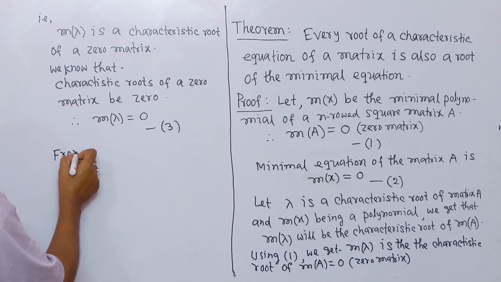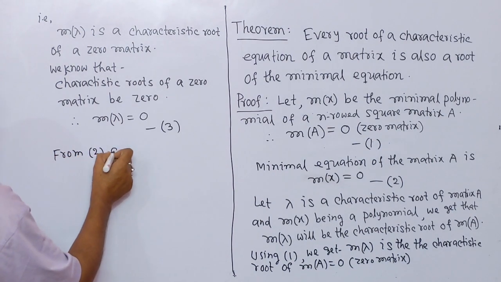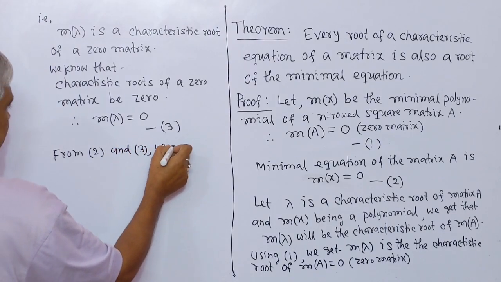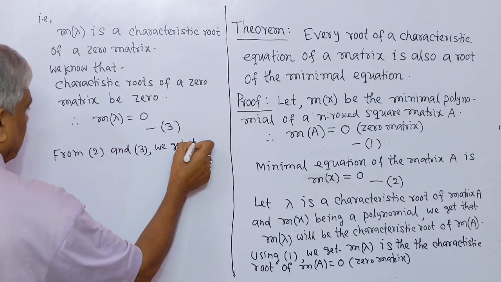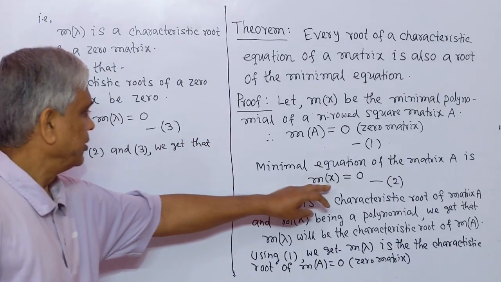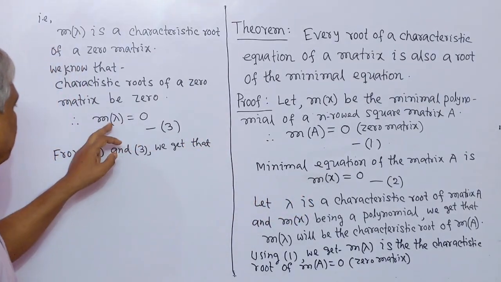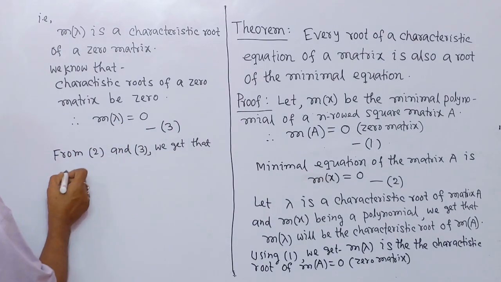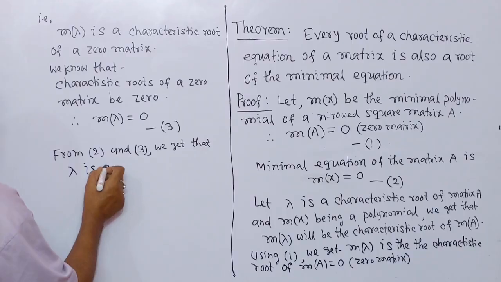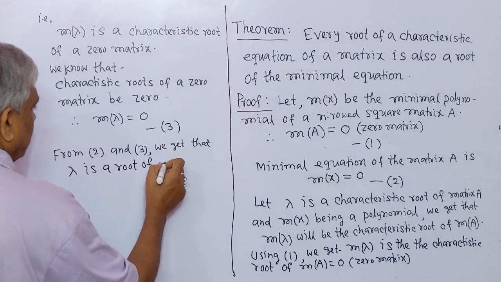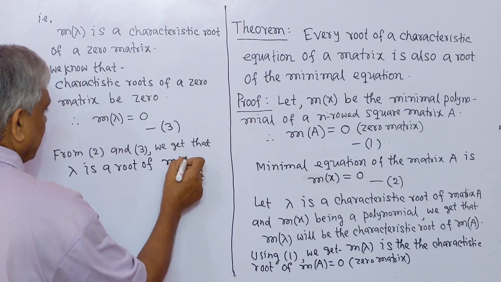From 2 and 3, we get that here in place of x we have lambda. That means lambda is a root of m(x).